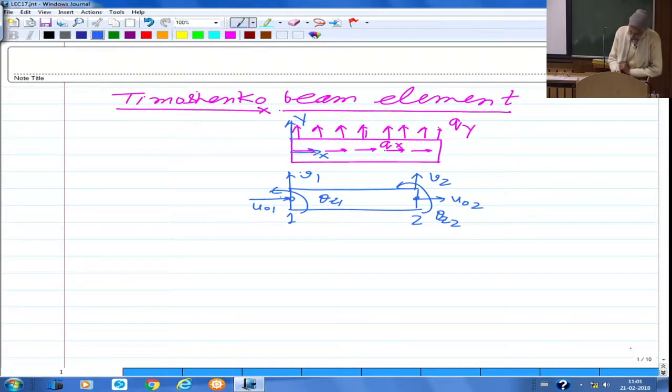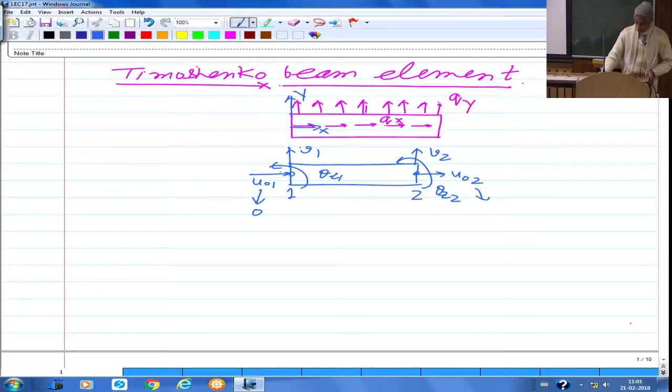If there are no axial forces, you can take these as 0. So you will have a Timoshenko beam element only for modeling bending under transverse loading, without the axial displacement U naught. Wherever U naught or dU naught by dx is coming, that will go to 0. I included this axial degree of freedom also, so it's more like a Timoshenko beam theory based frame element, which is what we actually discussed. From that you can always deduce this.